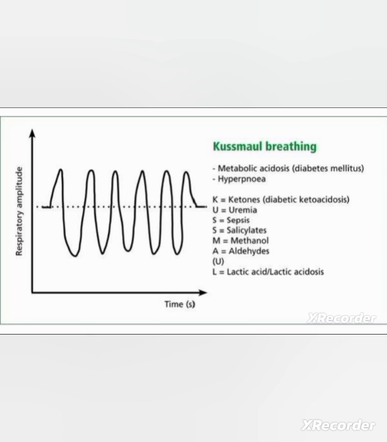In all these conditions, there may be a chance for Kussmaul's respiration. So Kussmaul's indicates ketones, uremia, sepsis, salicylate, methanol, aldehyde and lactic acid. Kussmaul's respiration is associated with these conditions.